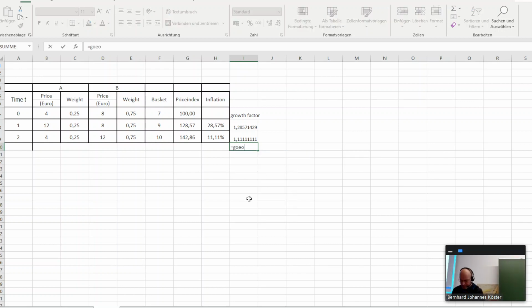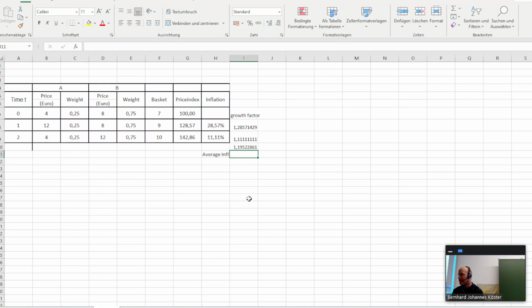Here you have just a direct formula for this, and then you obtain the average inflation rate just as the other way around.